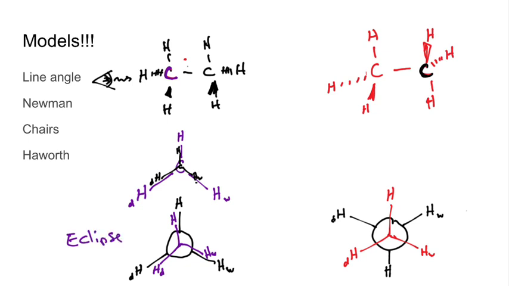We get an eclipse. Whereas over here, they're alternating around, right? We might call them staggered. I don't know how to spell staggered. Close enough. Right? That's Newman. That's it. That's all Newman is. Acknowledging that there's a difference between these.